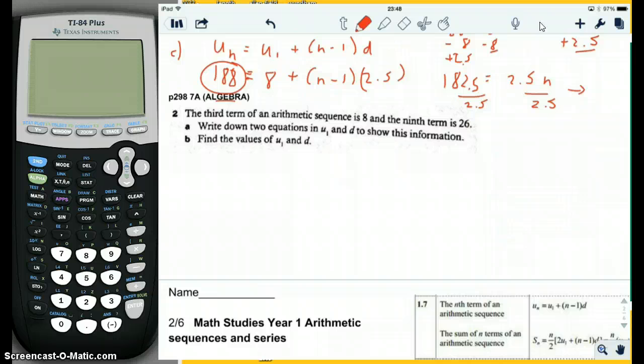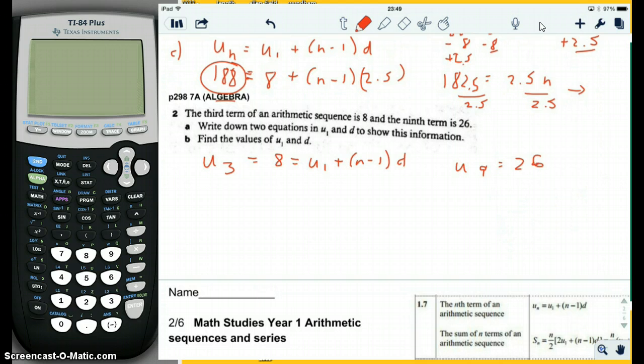The third term of the sequence is 8, so I would say u sub 3 is 8, and the ninth term is 26, so I would write u9 equals 26. Write down the two equations in u1 and d to show this information. Remember that the equation is u1 plus n minus 1 times d is equal to 8, right?